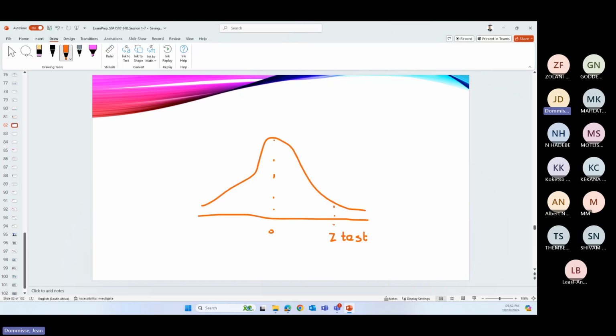That one was 2.25. If it's lying to this side, I will accept H0. If it's lying to this side, I will reject the null hypothesis.